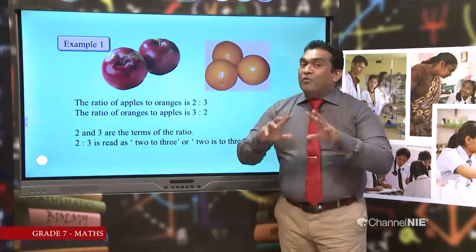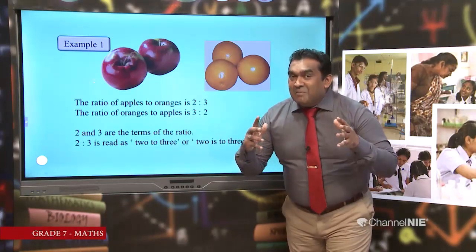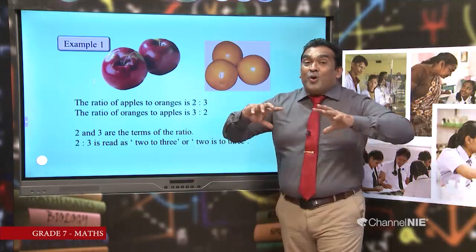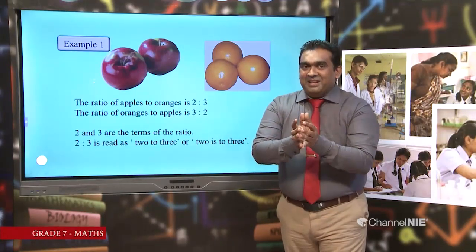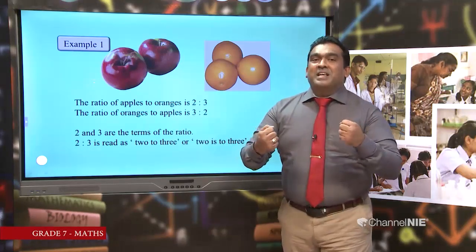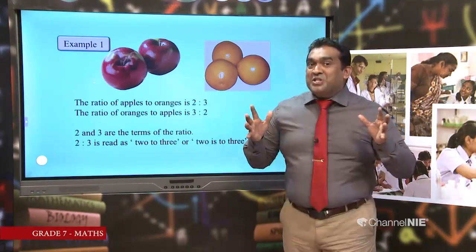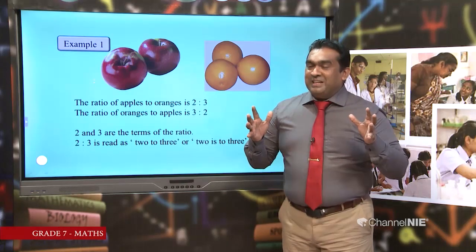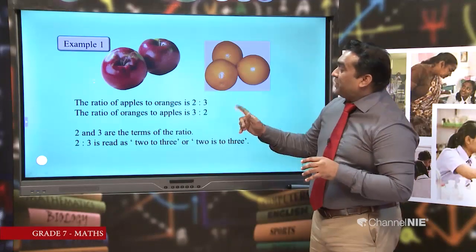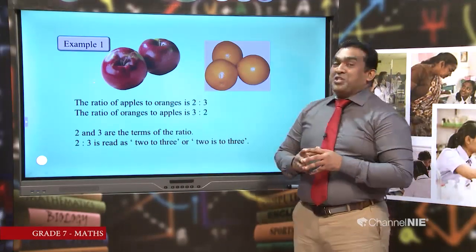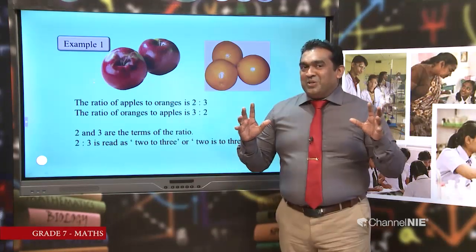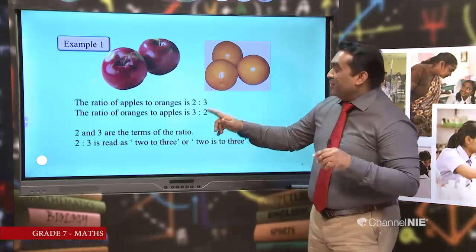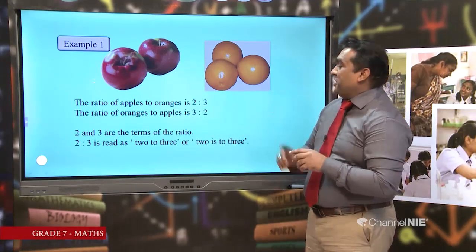That is how we represent a numerical relationship in maths. Especially using numbers, we can express a ratio. 2 and 3 are the terms of the ratio.